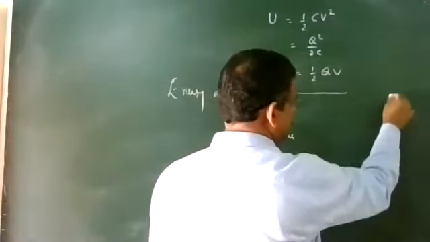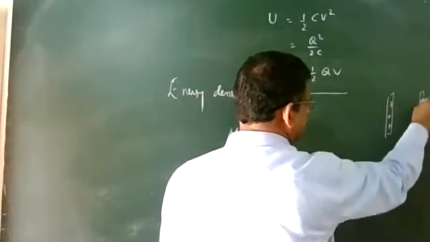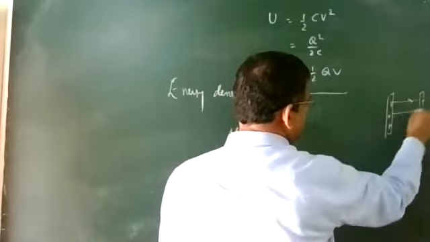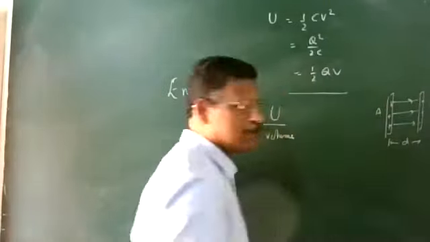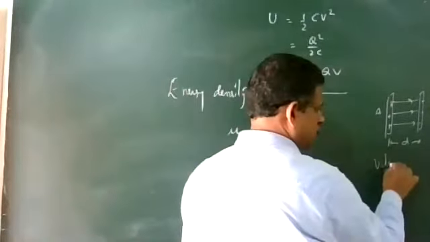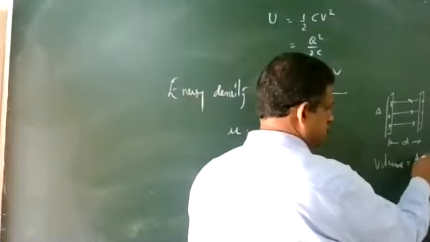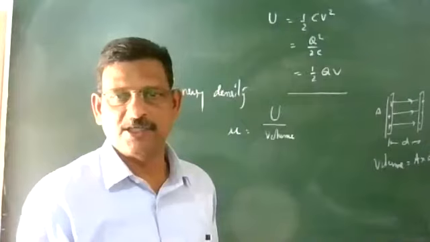You have a parallel capacitor, positive and negative. You have an electric field, A is area of cross-section, d is separation. So volume is equal to area of cross-section times distance of separation. What is the energy per unit volume?